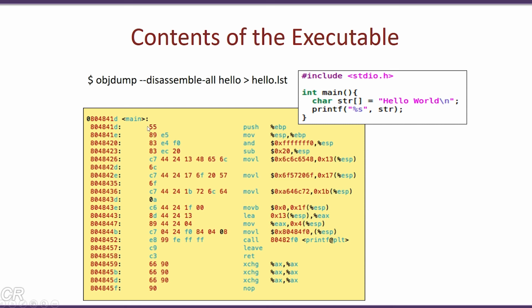In other words, when the processor sees an instruction encoded as 55, it has to push this register EBP into the stack. Similarly, if it sees the sequence of numbers 89, EC and 20 present in the instruction, it would imply that the instruction is subtract 0x20 from the stack pointer.